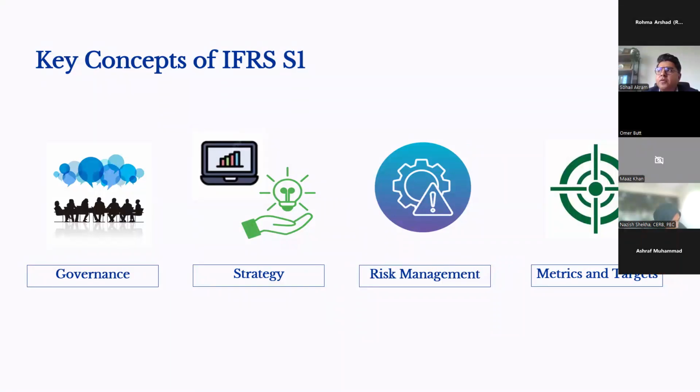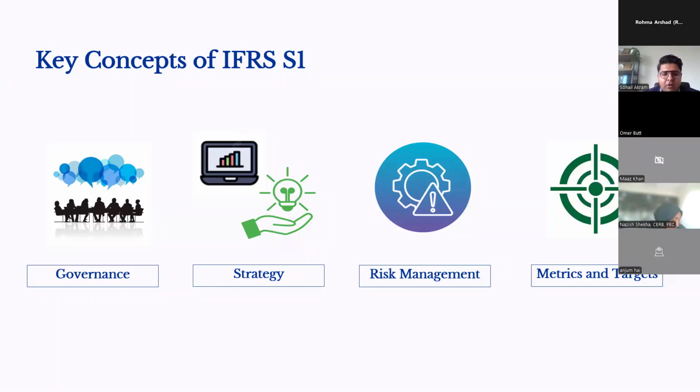The TCFD framework was basically around climate disclosures, and it required disclosures about climate-related risks and opportunities based on these four pillars. So the entities were required to give information about their governance, strategy, risk management, and the related metrics and targets set for climate-related risks and opportunities.